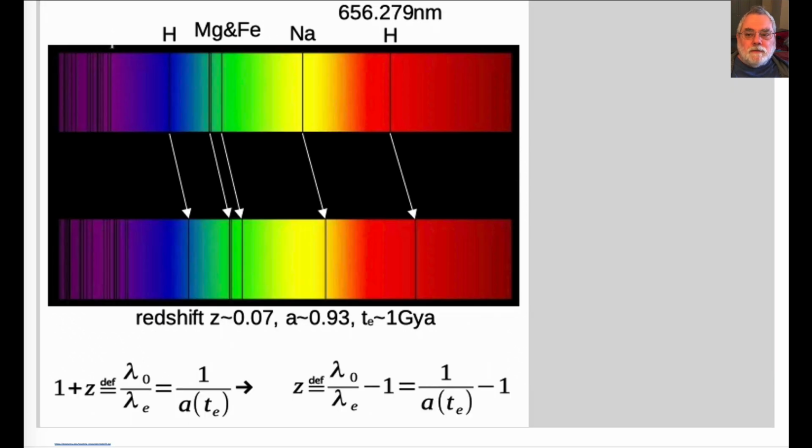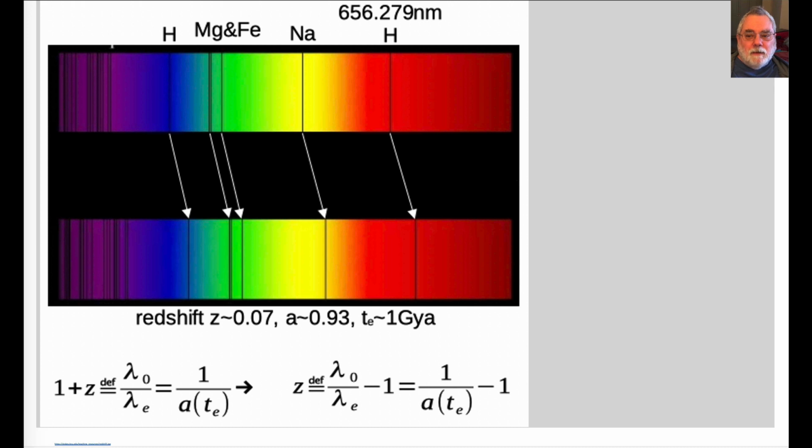Physicists and astronomers know the emission and absorption light wavelengths of very many atoms and ions here in the lab very precisely. Astronomers use spectroscopy to measure detected light wavelengths very precisely.